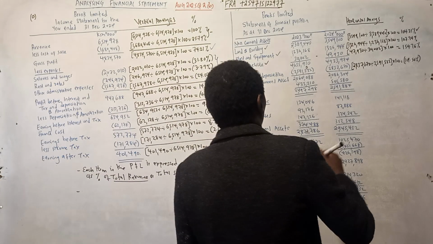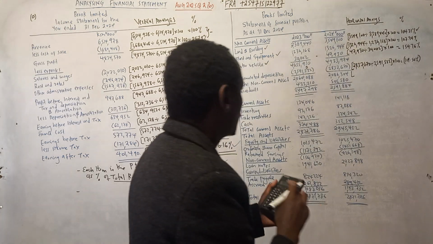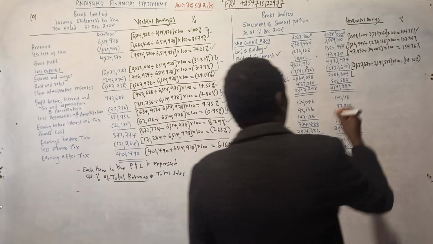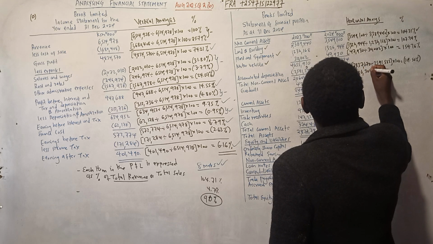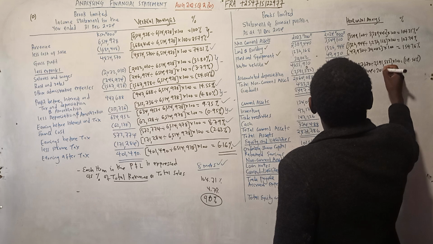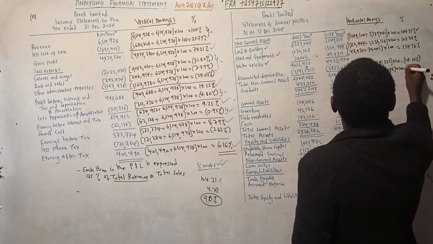So it also increased. Then the non-current assets, let us see. 2086,304 divided by 2064,088 times 100.